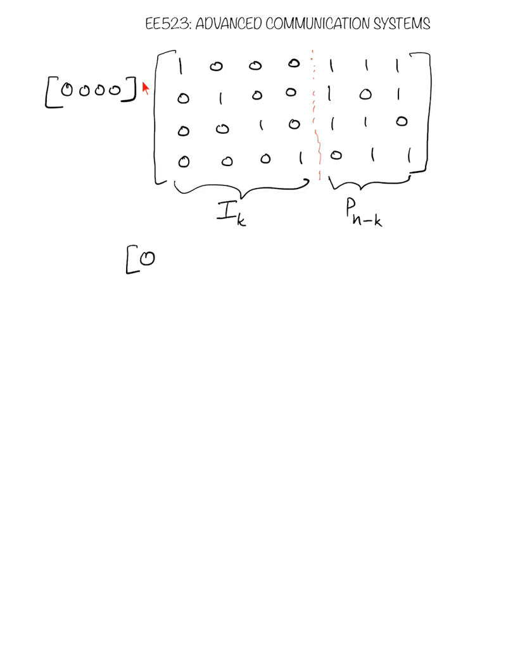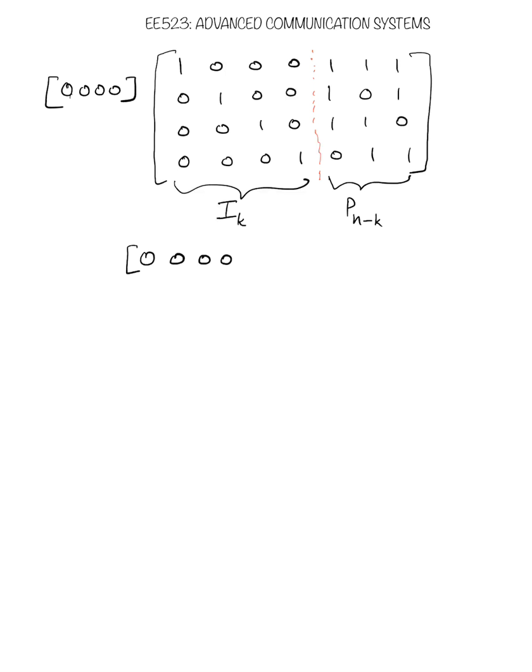And then you multiply this row with the second column of the generator matrix. So that's 0 into 0 plus 0 into 1 plus 0 into 0 plus 0 into 0. Again, that's going to be 0, because we have all zeros here. When you add them, you're going to get 0, right?